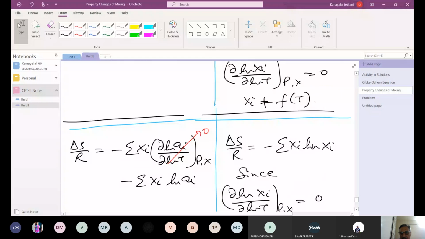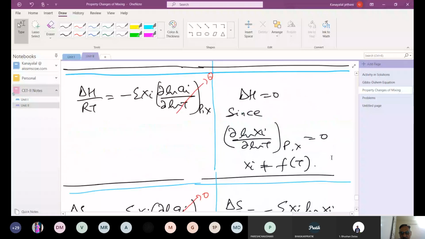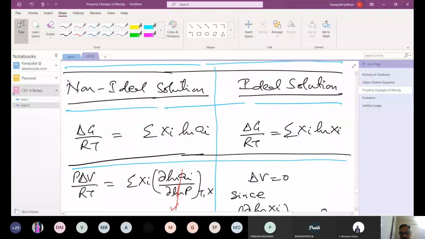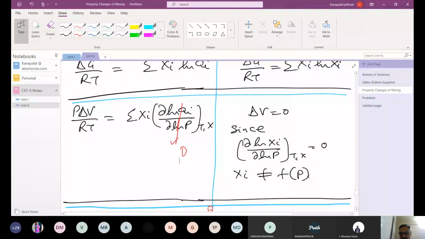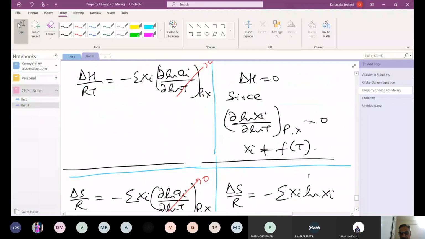So if you know the composition, we can find out entropy change for ideal solutions, just like we found Gibbs free energy change for ideal solutions. Any questions?